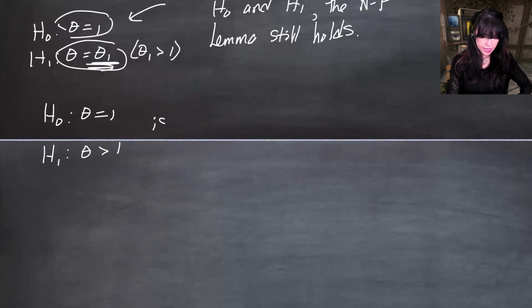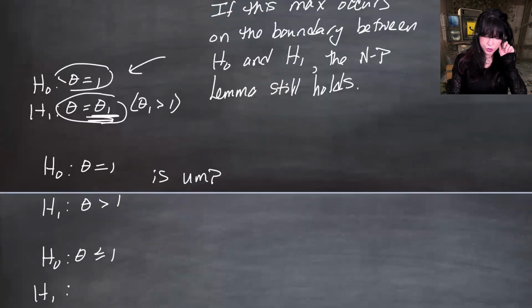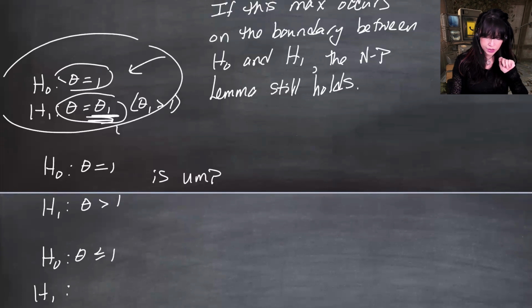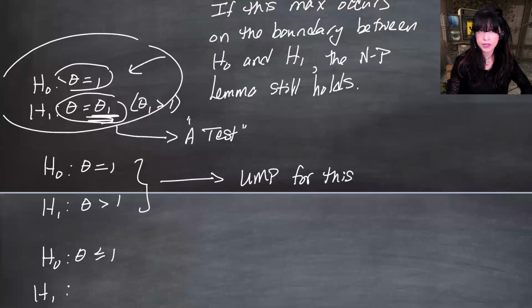So this is UMP. Sorry, that's not a test, but whatever test you get for this, it'll give you a statistic and a direction. You can show it's UMP for this by the same thing we did in the first two examples today.